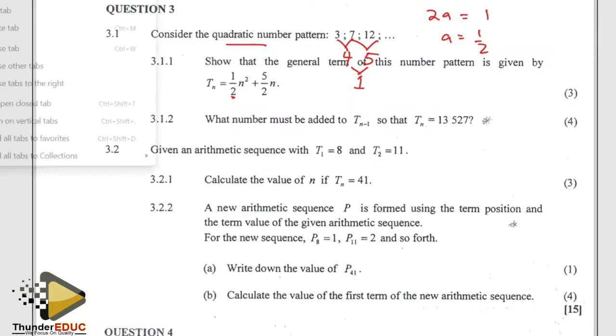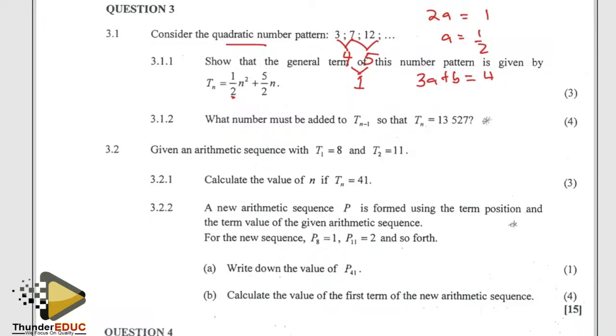And then we know that 3a plus b must give us the first term of the first difference, which is a 4. But our a is a half, which means b is going to be 4 minus 3 over 2. That is 5 over 2. I'm replacing a with a half, which will be 3 over 2, plus b must give us a 4, and then I transpose.